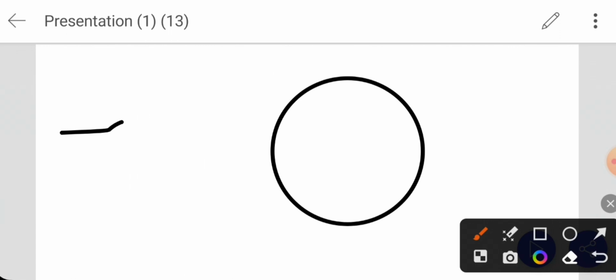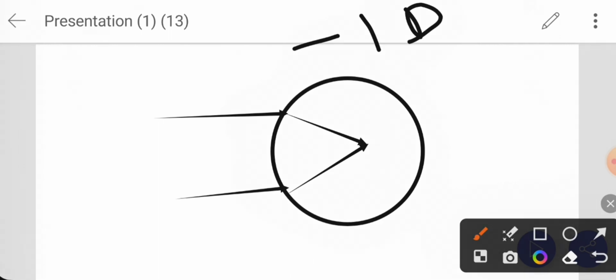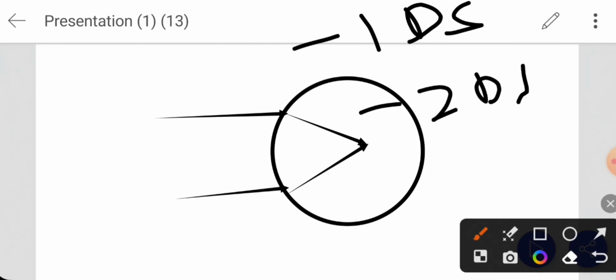If I give you the example of simple myopia, so what is myopia? Where the parallel rays of light coming from infinity, after getting refracted by the cornea and lens, get focused in front of the retina. That is called simple myopia. The example of simple myopia is -1 diopter spherical, or -2 diopter spherical.